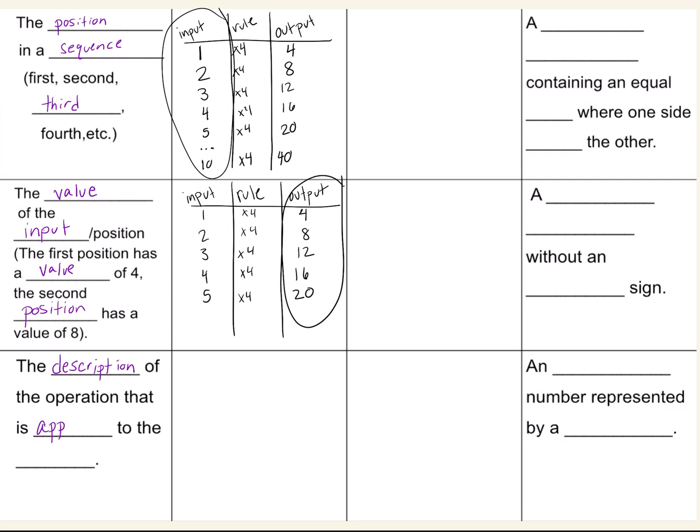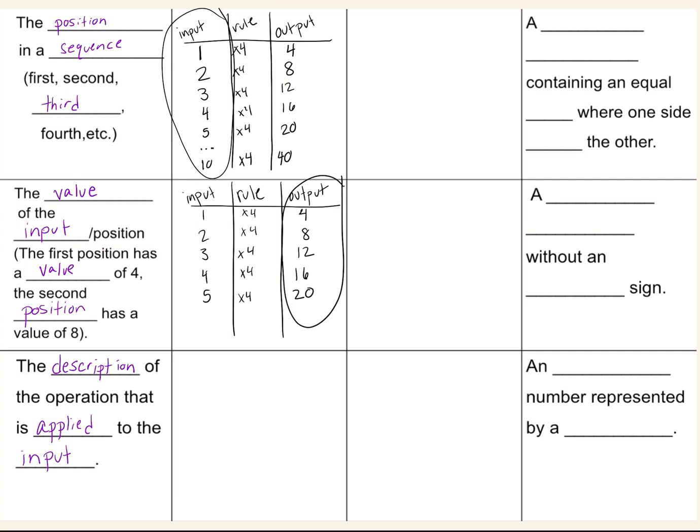So it's what we're doing, applying it to that input. For example, the rule was times 4. We applied that to the input to give us the output.